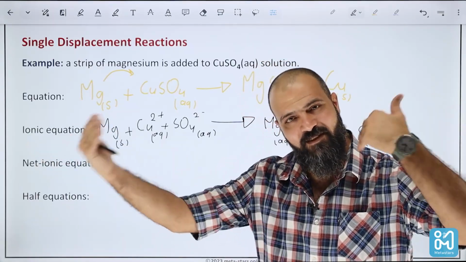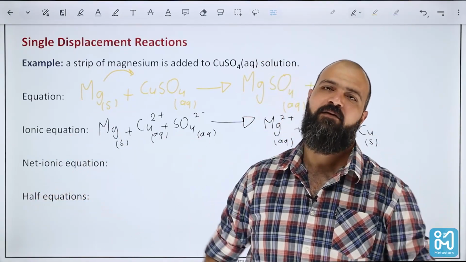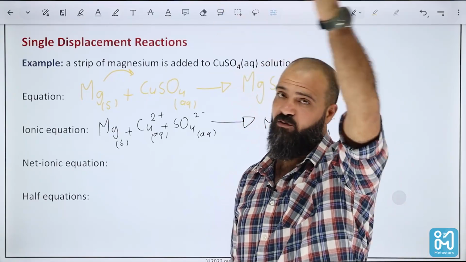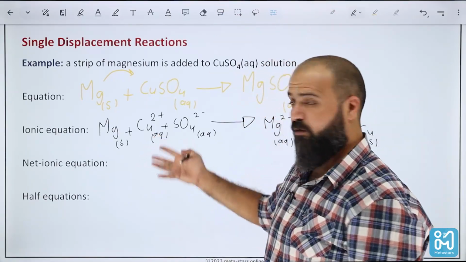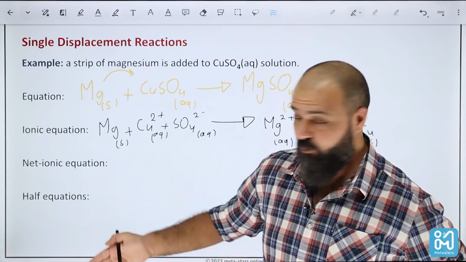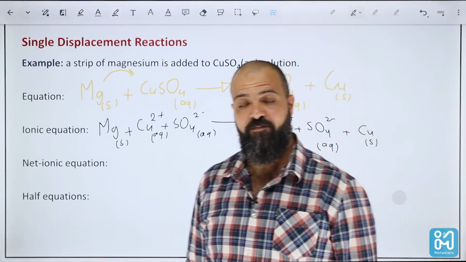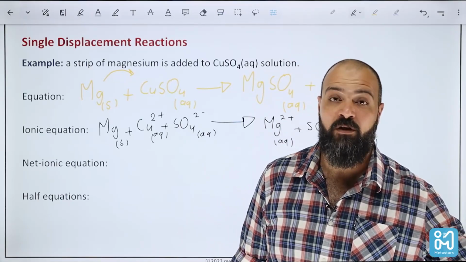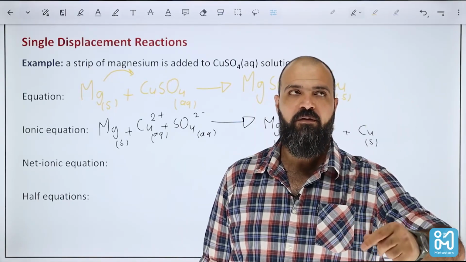We have to take away the spectator ion or spectator ions from the ionic equation to end up with a net ionic equation. So what does spectator ion mean? What's the meaning of spectator ion?